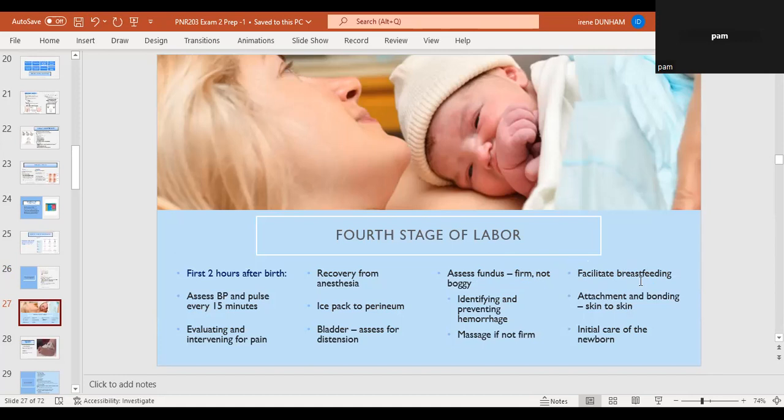And it's really nice. And you start having the bonding process where you want that emotional tie, okay? And then you're promoting bonding, which will lead to attachment. And then we do the skin to skin. And so let that beautiful baby feel mom's beautiful skin. And then, of course, then you got your care of the newborn.